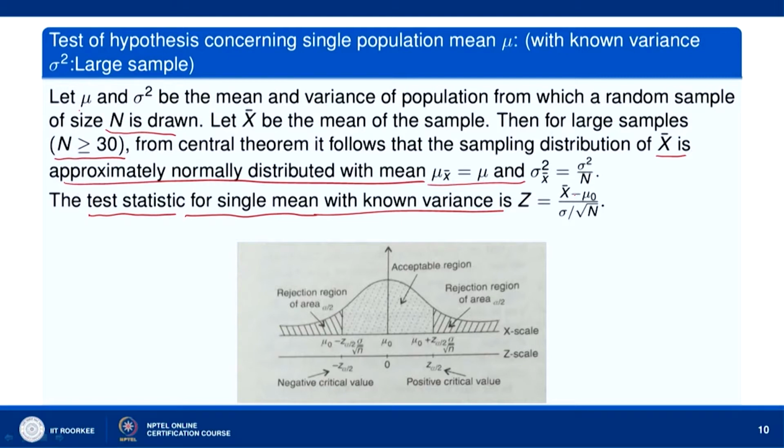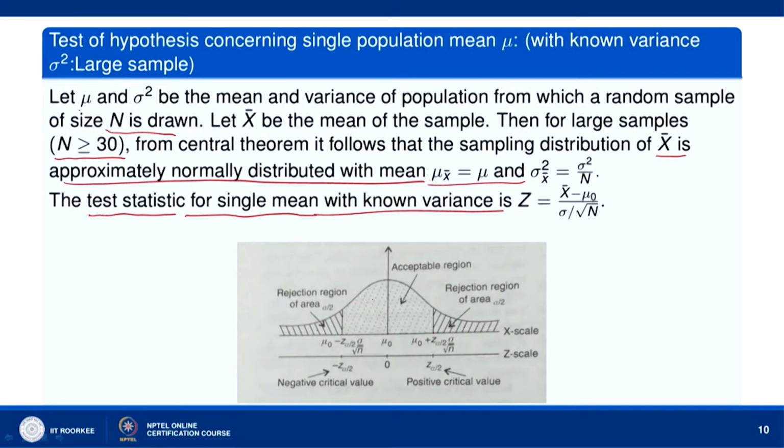This is the curve. Here it is a two-tailed test. So that means an area of alpha by 2 is here, and an area of alpha by 2 is here. This is the value of z for this alpha by 2 area, denoted by minus z alpha by 2, and this is the value of z, plus z alpha by 2, for this alpha by 2 area which lies on the right side. This is mu naught. So this is the negative critical value minus z alpha by 2, and this is the positive critical value z alpha by 2 on the z scale.